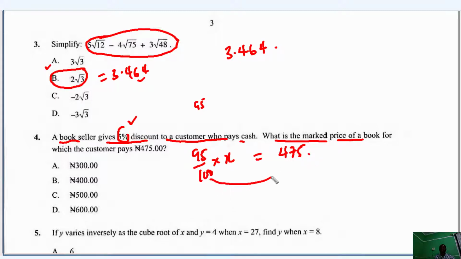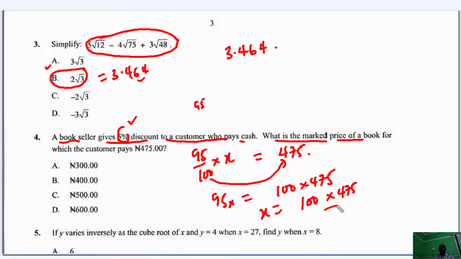So you do cross multiplication: 95x is equal to 100 times 475. So our x will be 100 times 475 over 95. You do it, you get 47500 divided by 95, and the answer is 500.